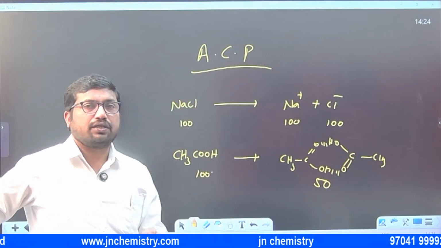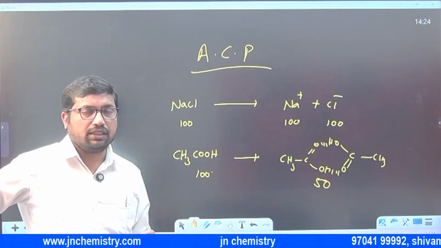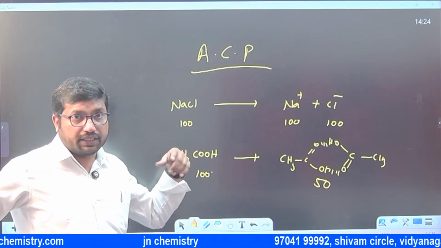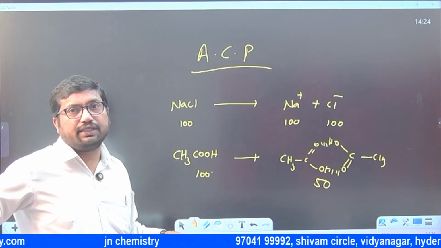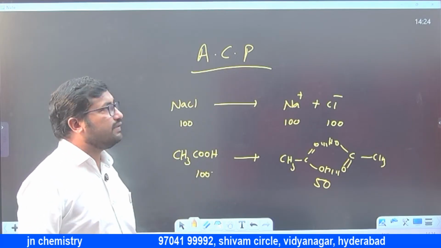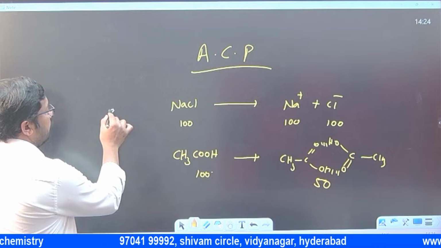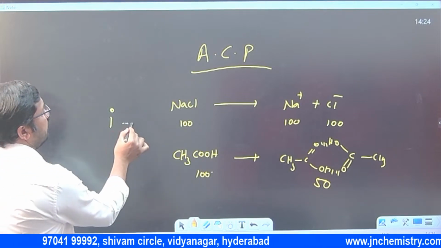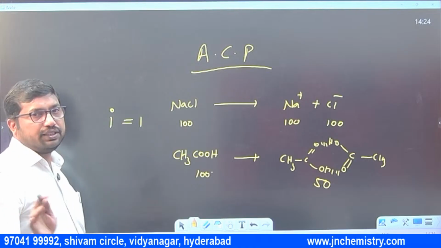When the solute undergoes association or dissociation, whatever colligative properties or molecular weight we are calculating are invalid. To correct this, Van 't Hoff, a scientist, introduced one factor, which is nothing but i, the Van 't Hoff factor. If i = 1, no association, no dissociation.